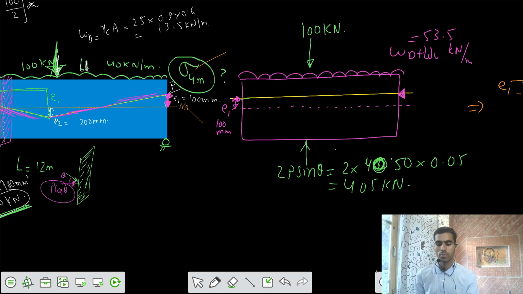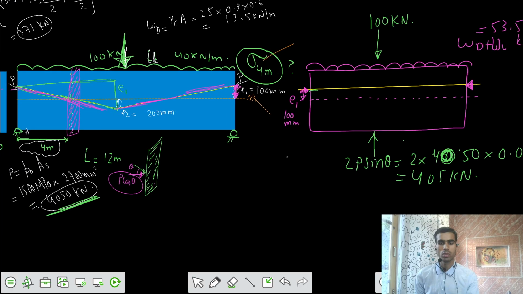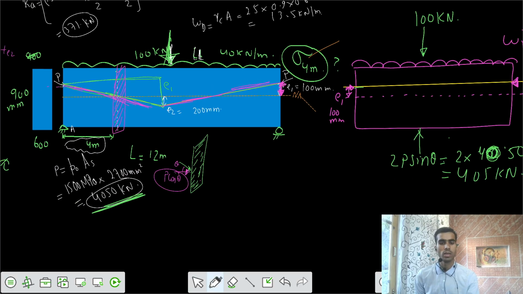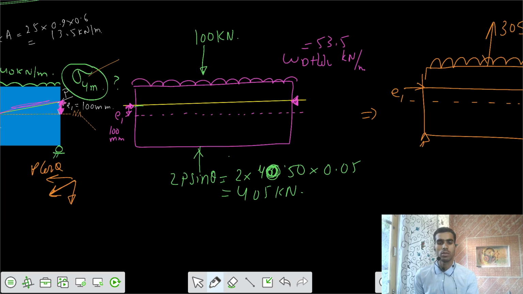I think it's P cos theta. So your horizontal load should be P cos theta. The cable has some component along x and some component along y, so this would be P cos theta.